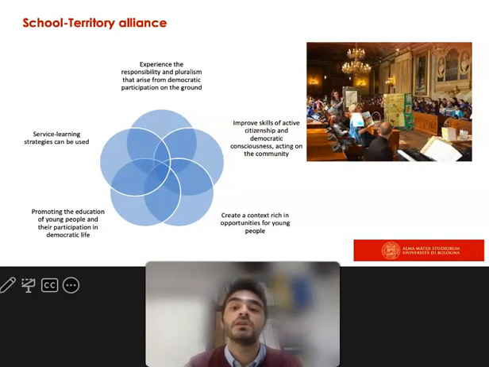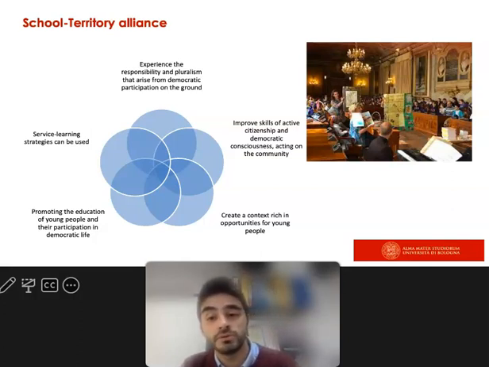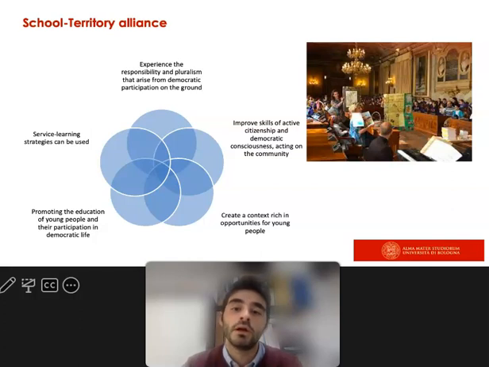The involvement of young people thus allows them to improve their skills of active citizenship and democratic consciousness, acting on the community. The second reason is that territorial networks are able to create a context rich in opportunities for young people.